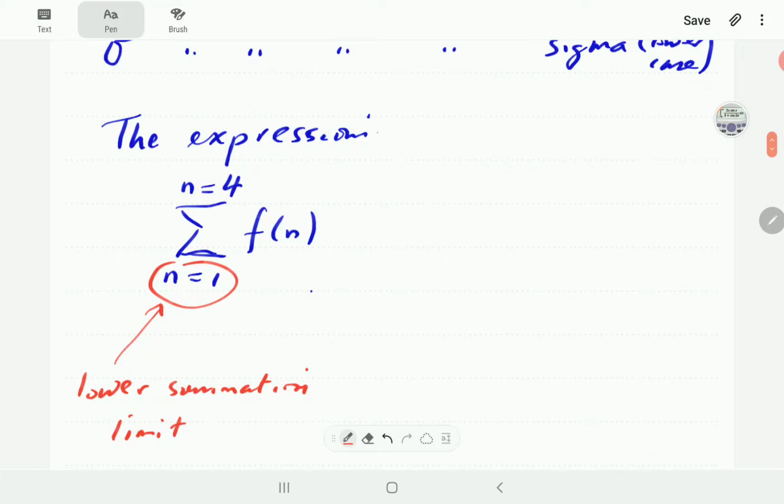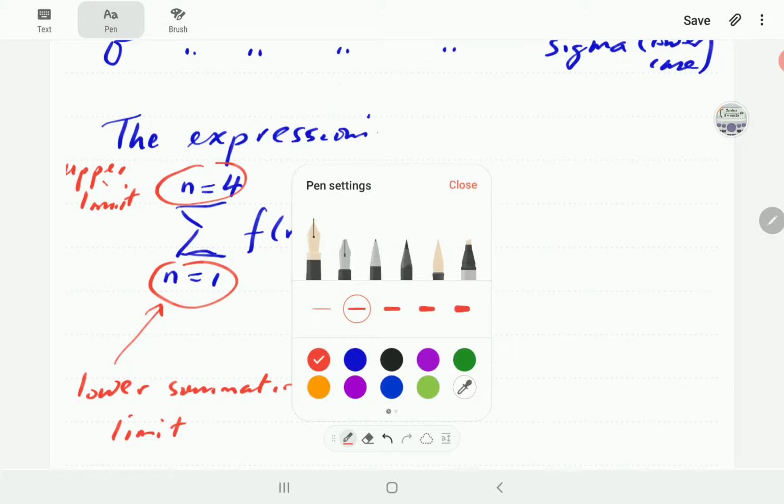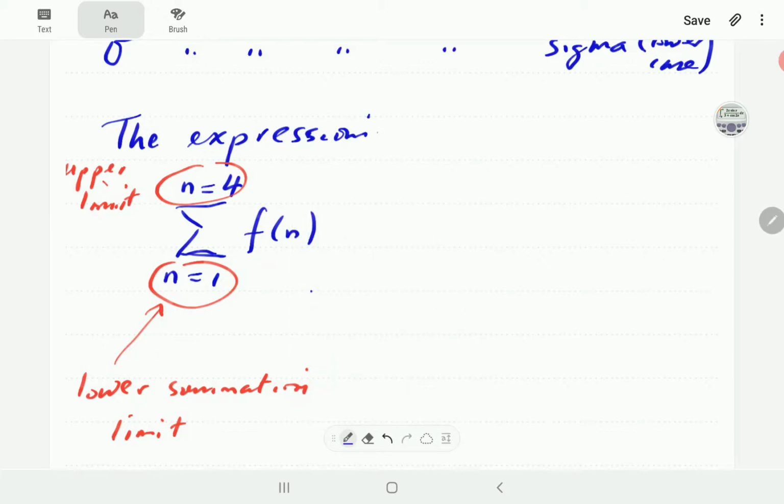And then the n equals to 4 here is called the upper limit, or the upper summation limit. Okay, so what we're saying is this thing says add up all values of f for n going from 1 to 4, running between 1 and 4 inclusively, taking all integer values in between.